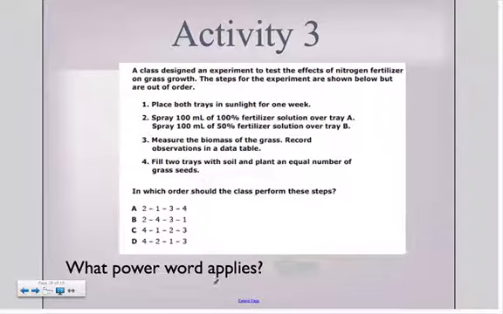Here's the third one. Which one is the power word? Which of the 12 would apply to this question?